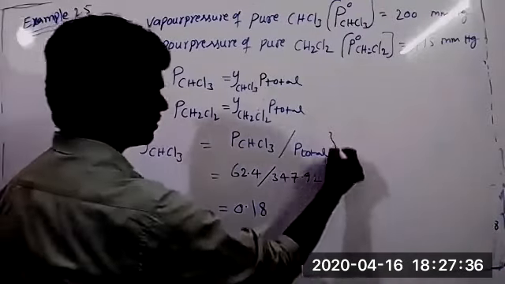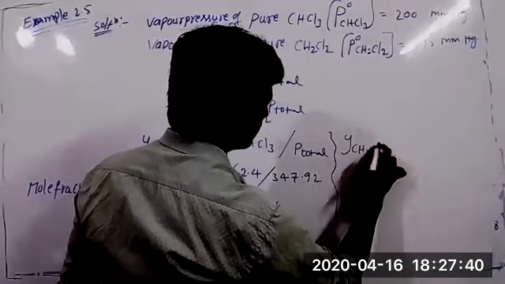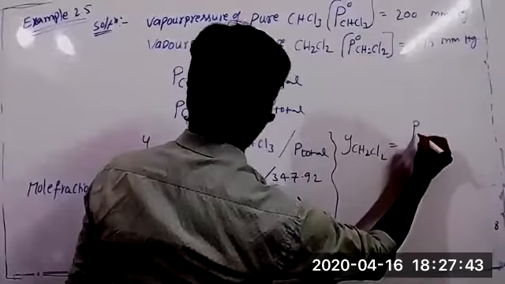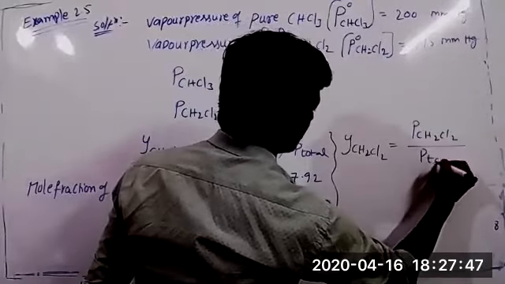Next, Y CH2Cl2 is equal to P CH2Cl2 divided by P total.